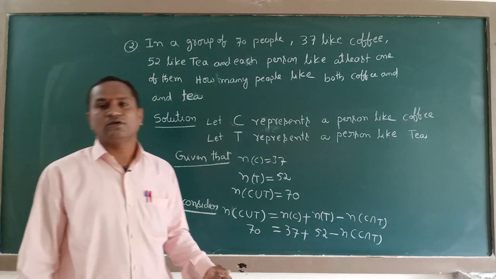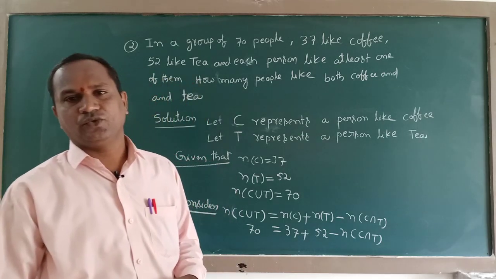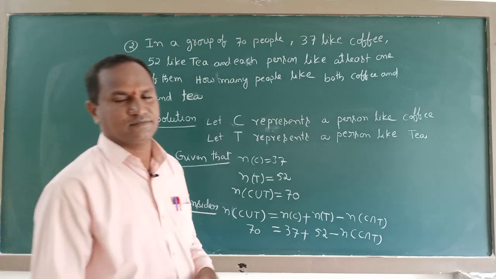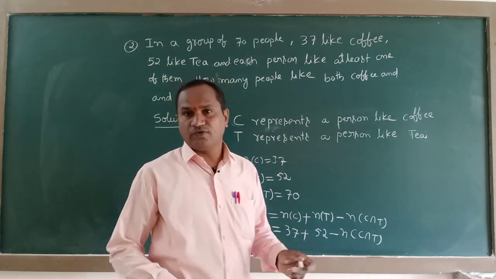Then you will get the unknown value of n of C intersection T here. Now we are going to find that value.